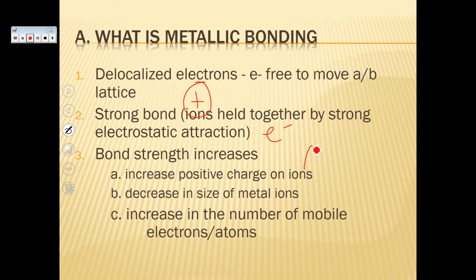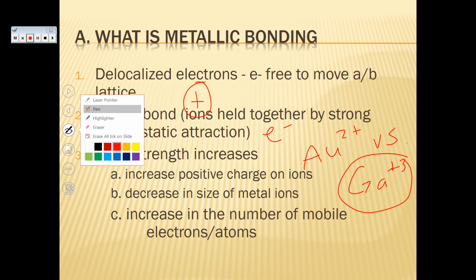So if you have gold, which has a positive 2 charge, versus, let's say, gallium, which has a positive 3 charge, gallium is going to have a stronger bond strength because it has a greater positive charge.